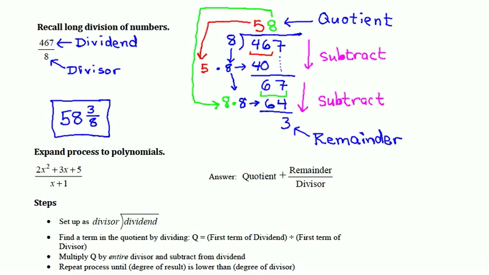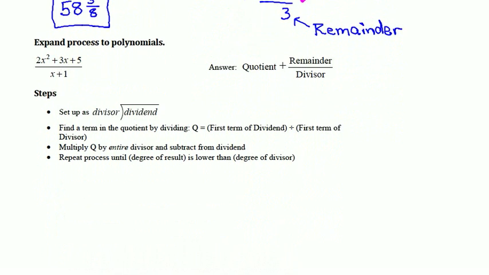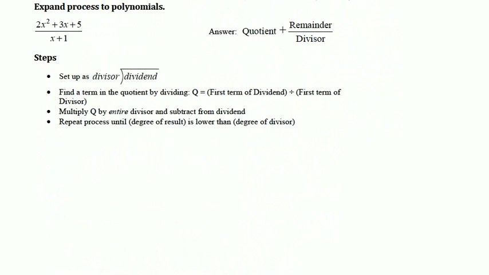So we have some steps outlined here. But the first thing we're going to do is identify the dividend and the divisor from this expression here. That polynomial on top is my dividend. So it's the one that goes inside the bracket. And the x plus 1 on the bottom is my divisor.